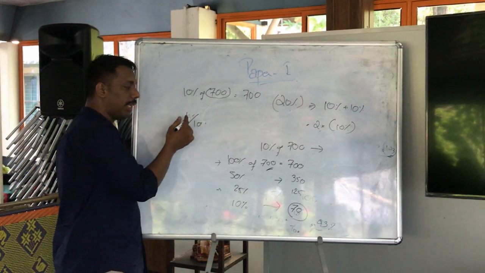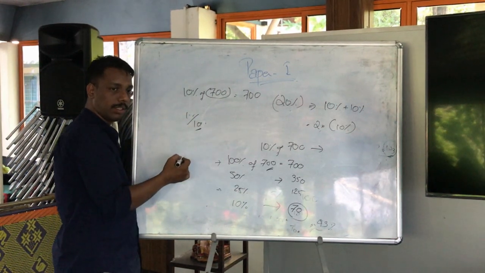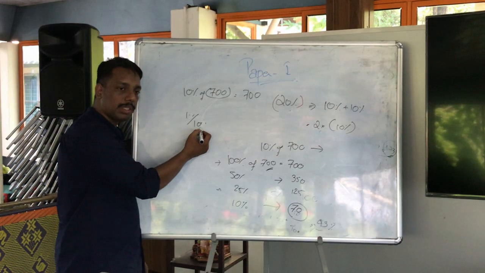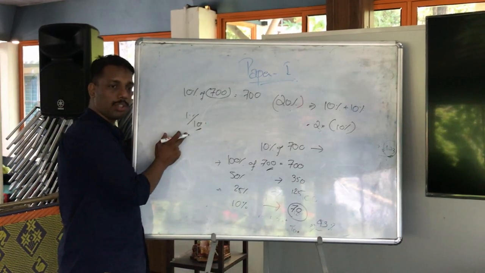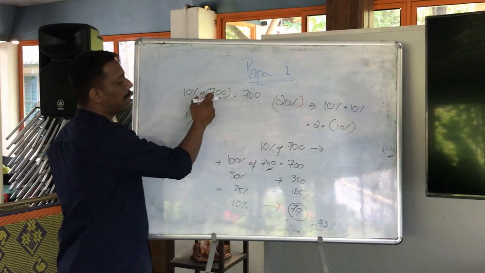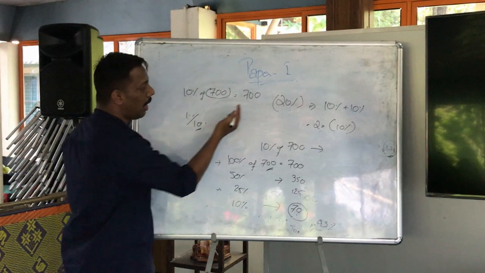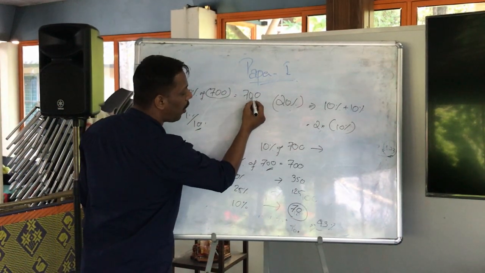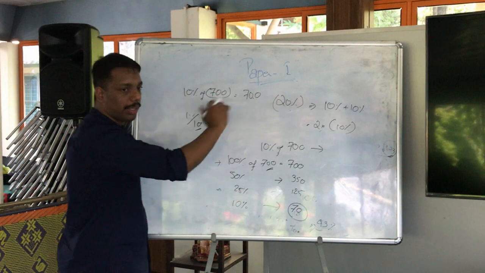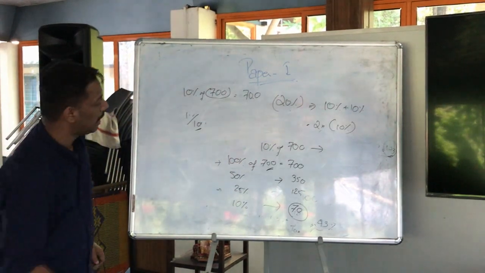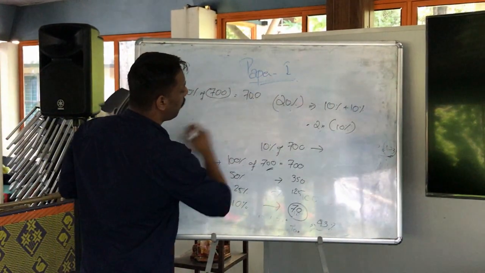Actually, you have to divide the number by 10. By 10 means there is one zero. Actually 10% of something means you put a dot one step from right to left. You can directly put a dot from right to left.